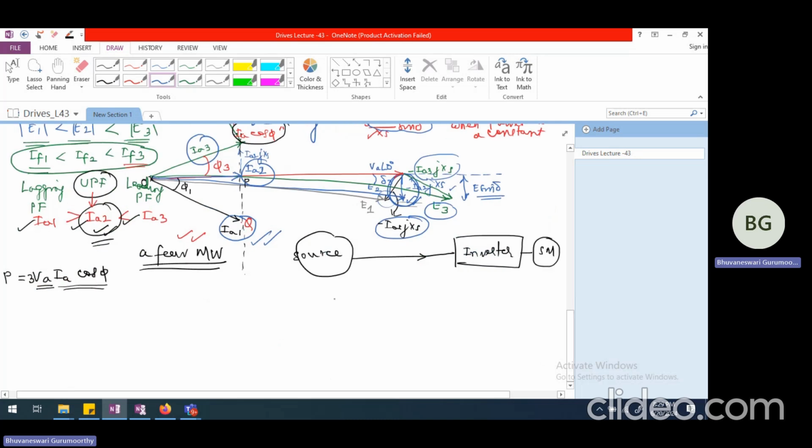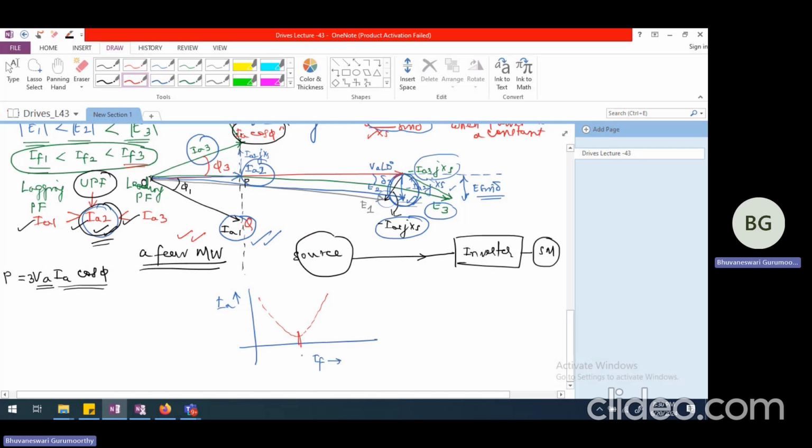Now, we said that the armature current happens to be the lowest under unity power factor condition. So if I try to plot the armature current with respect to the field current under a given power, we are going to see that the armature current will be minimum at a particular field current. And on either side, the armature current increases.